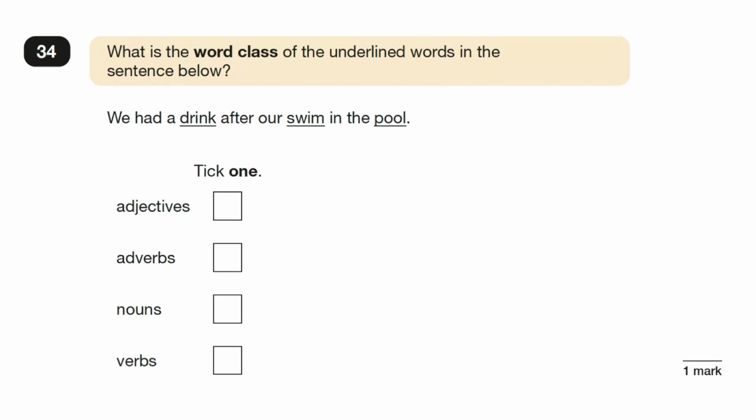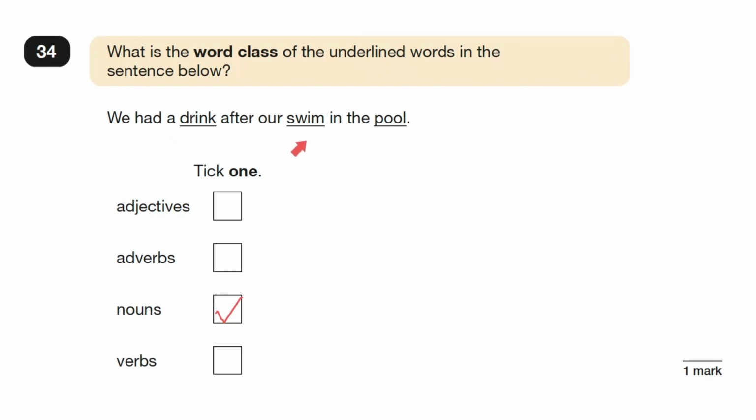So hopefully that should be jumping out as a noun, but let's just take a little time to think about, well, why? So again, we've got a determiner or an article before the word drink. Straight away, that gives us a clue that we've got a drink as opposed to drink. So it's not a verb, but we can see how swim as well could be confused as a verb because you can swim, but it was our swim as if it was an event.